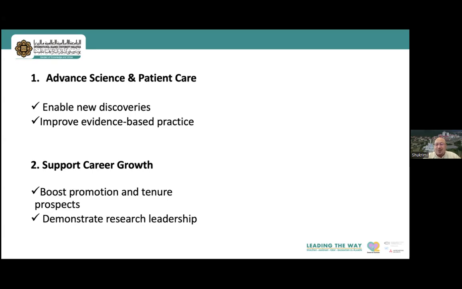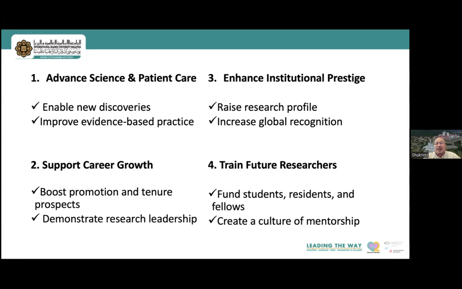So this is our responsibility to get the grant also. And of course, by doing that, we enhance our institutional prestige. Okay, if we have a good grant, we have a good project, and then of course, eventually we will raise our research profile. And for academician, we would like, when we have a grant, we can train our future researcher from the postgraduate or our junior lecturer.